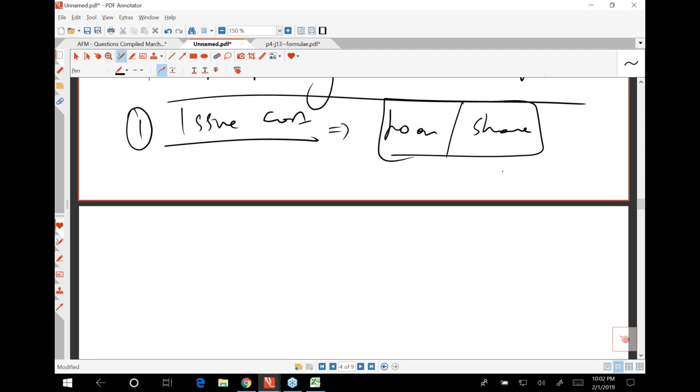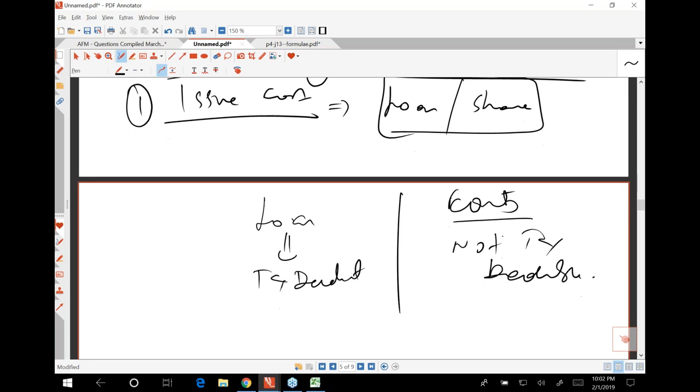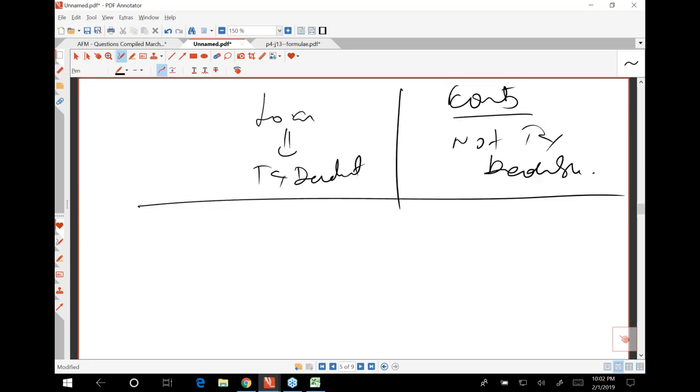So when we talk about these issue costs, generally speaking, the issue cost on a loan, or you could say the debt, is tax deductible, and the issue cost on the equity instrument is not tax deductible. So what are we gonna do?